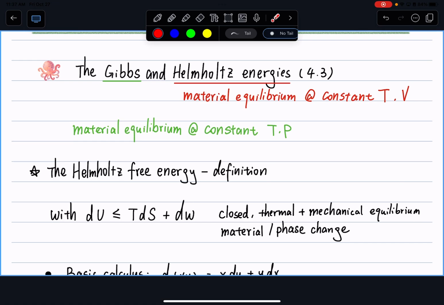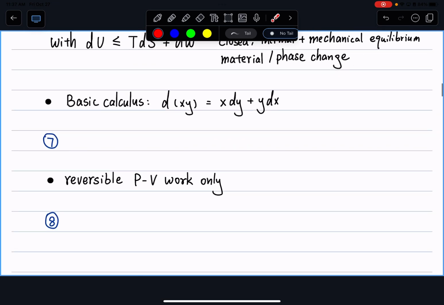And in here, let's do it step by step. First of all, we have the expression using calculus: d(xy) equals x dy plus y dx. You should be pretty familiar with that calculus relationship. So that tells us that d(TS) equals TdS plus SdT.